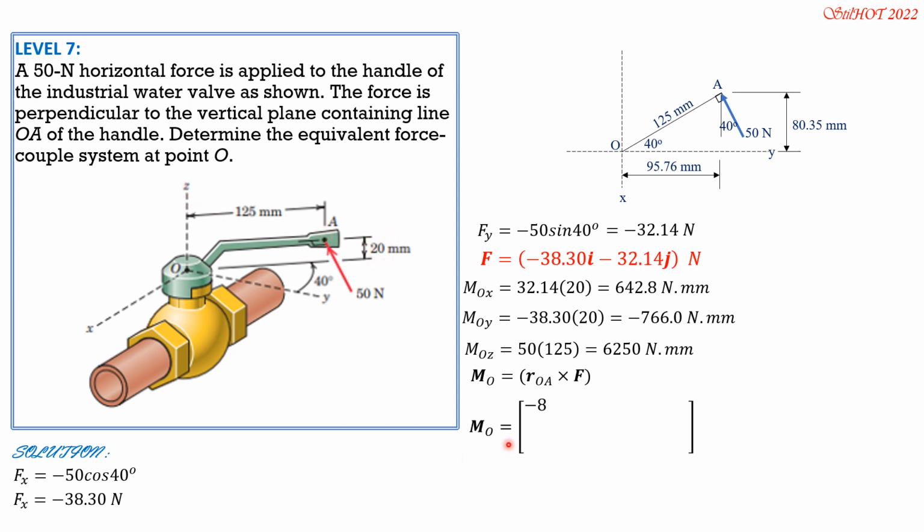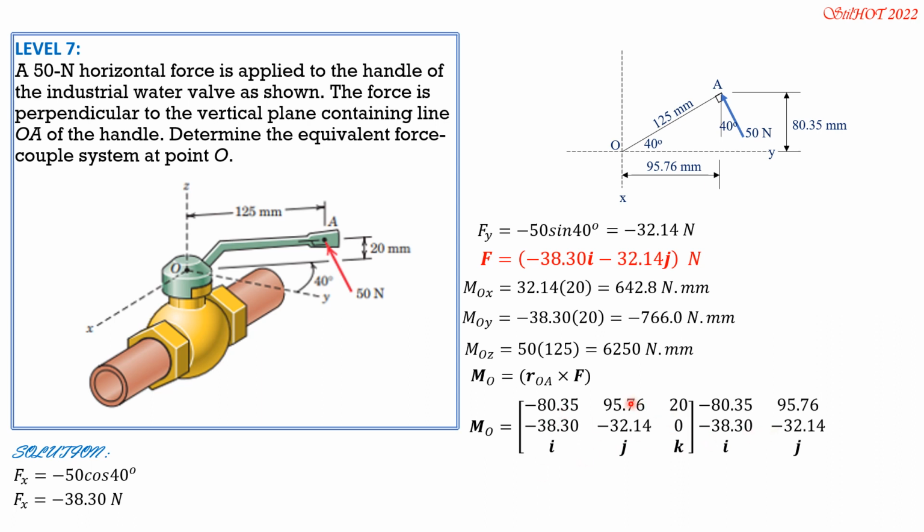So this is in determinant form, negative 80.35 I, 95.76 J, then upward 20 along Z, so 20. Then components of force, X, Y, Z component of force. Then unit vectors I, J, K. Then copy the first two columns.